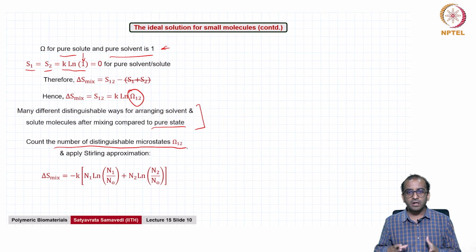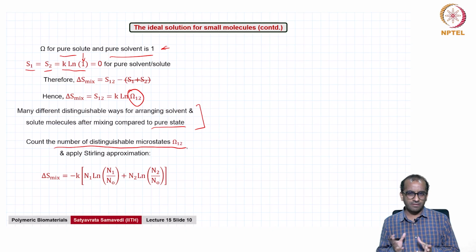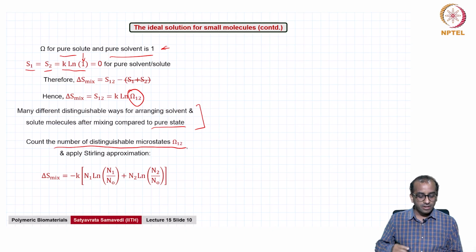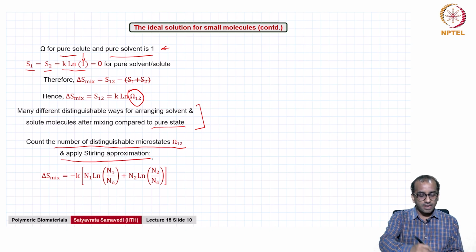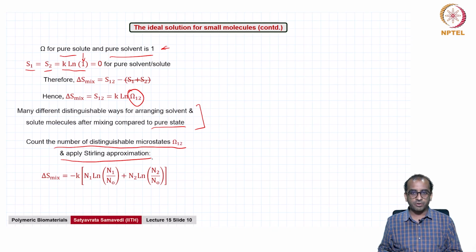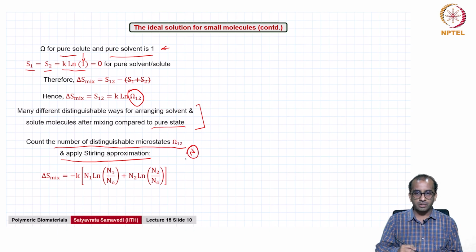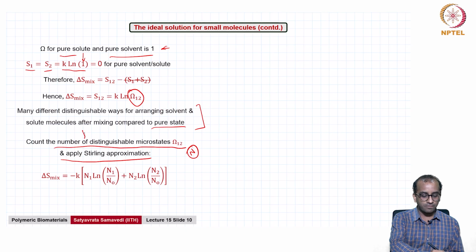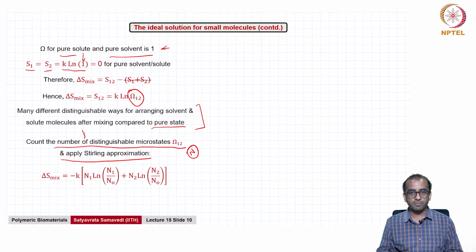Essentially, you are counting how many ways in which I can jumble up the Mona Lisa puzzle, if you want to think back to that analogy. And you apply the Stirling approximation, which is just a mathematical trick for us to get rid of factorials for very large n values. When n is very large, you can apply the Stirling approximation, and you will get rid of all the factorials that show up when you count the number of states based on probabilities.